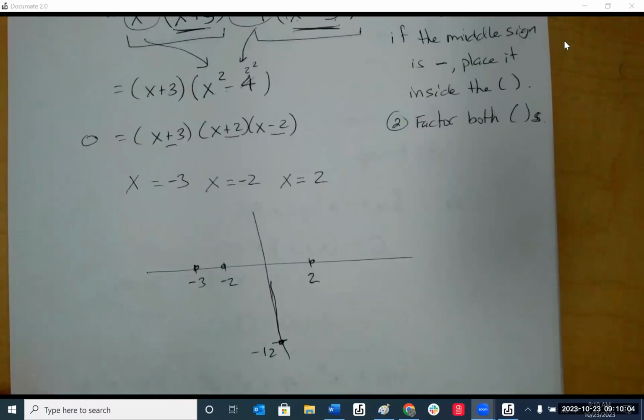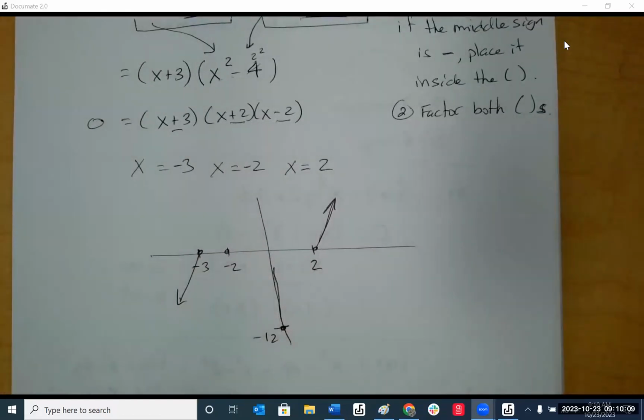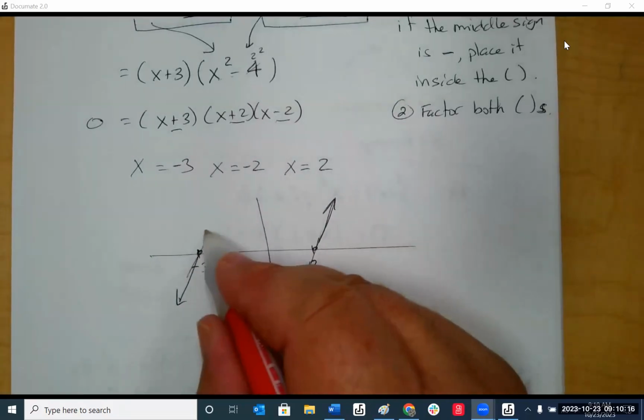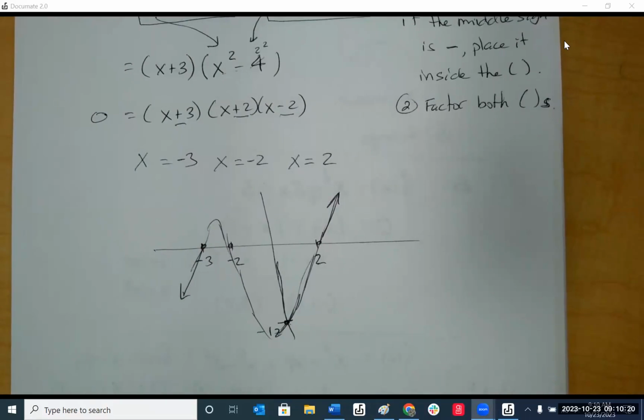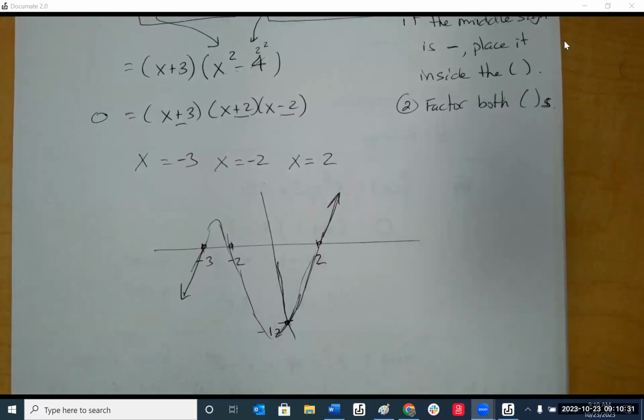So we know that the right side is going to go up, the left side is going to go down. It's going to cross at -12 somewhere. So the graph will look something like this. Once we know the end behavior, we know at the very ends, either they're both going to go up, or down.